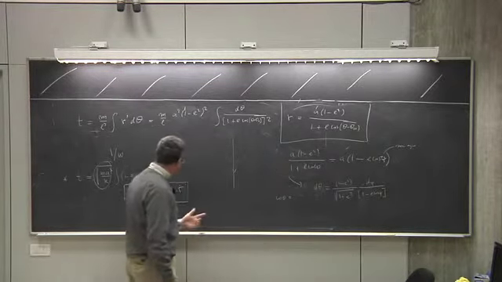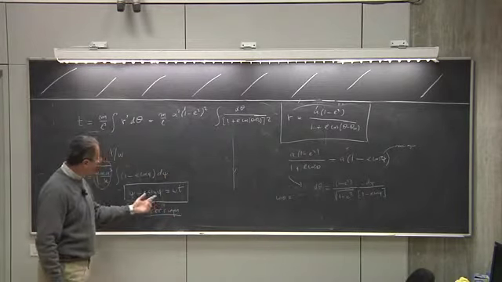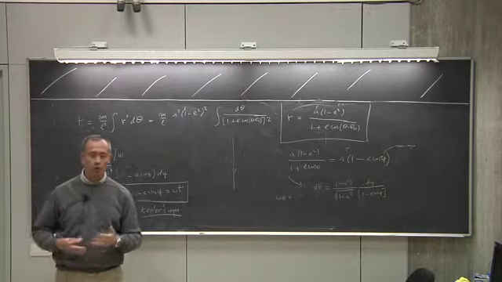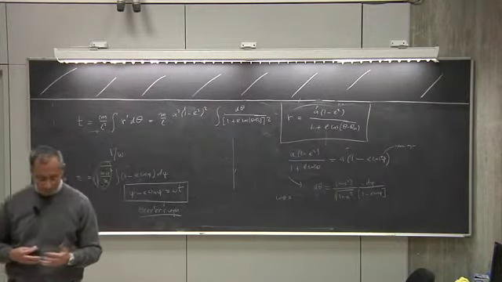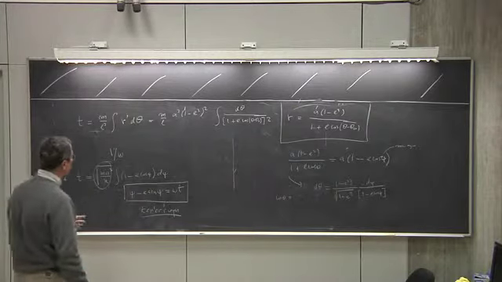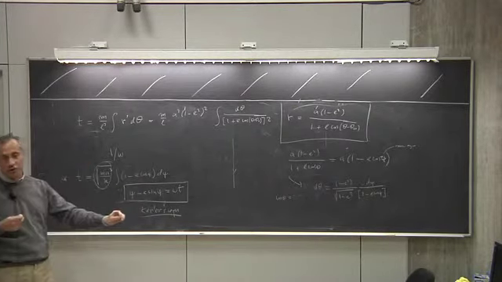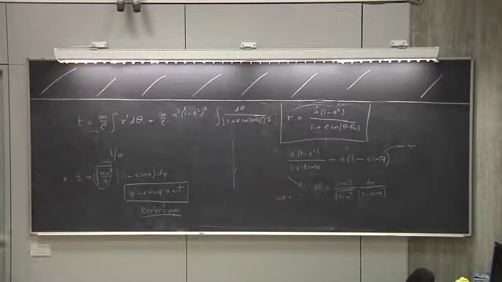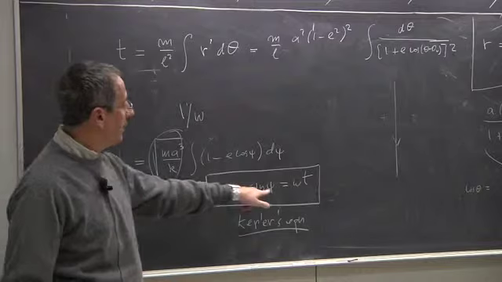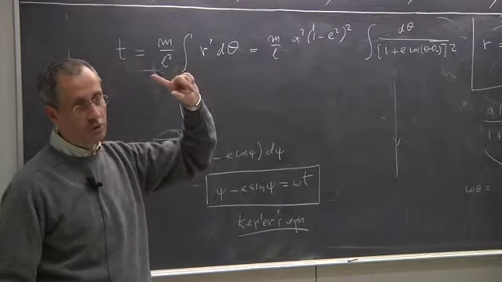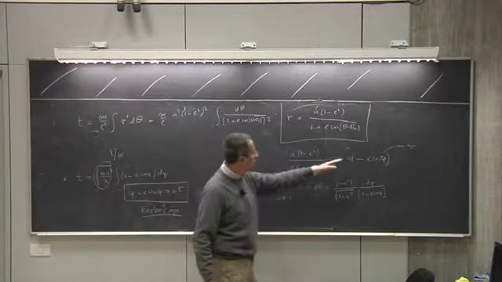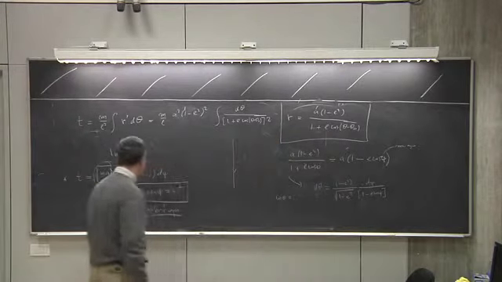This is the usual problem with doing an integral through a change of variables: you then have to use the change of variables to go back to the original variable, because at the end of the day, you don't want psi as a function of t. You want theta as a function of t. So you still have to rely on this change of variables. But okay.